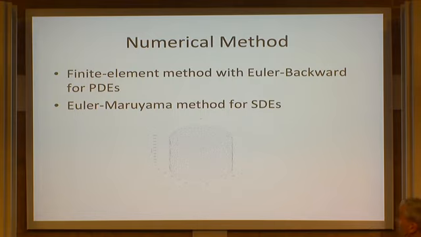But we also solved the problem by finite element methods in 3 dimensions with Euler backward time integration schemes. Very standard, very simple. But we had some interesting issues there as well. And we used the Euler-Maruyama method for the stochastic differential equation, which is also a well-established method.